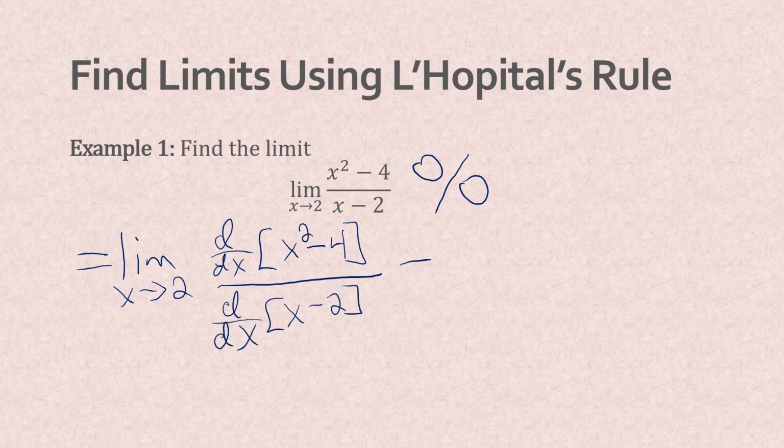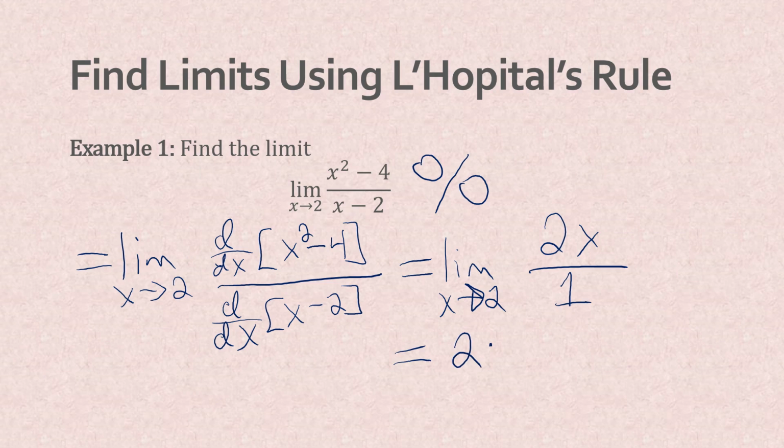Both of these are pretty easy derivatives to differentiate. The derivative of x squared minus 4 is just 2x, and the derivative of x minus 2 is just 1. That's a polynomial, so we can just evaluate it to determine the limit, which gives us 4.